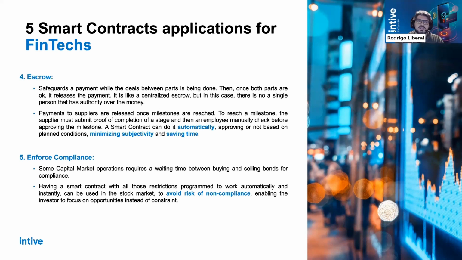Okay. Well, after mentioning escrow, we're going to our last case here, which is enforced compliance. Some capital market operations require waiting time between buying and selling bonds for compliance. That can also apply to the stock market and, for example, securities transactions.